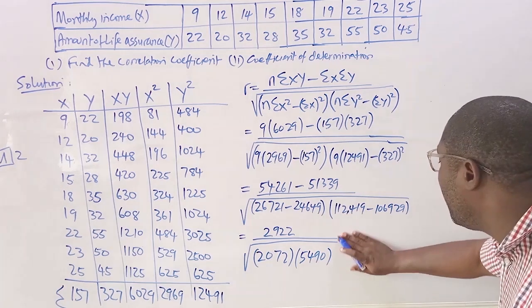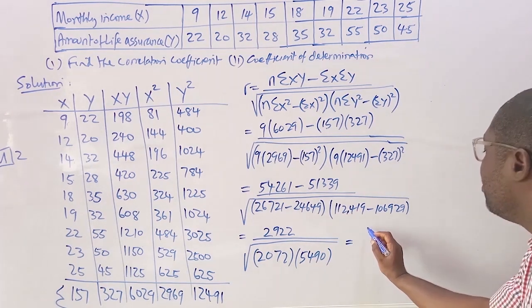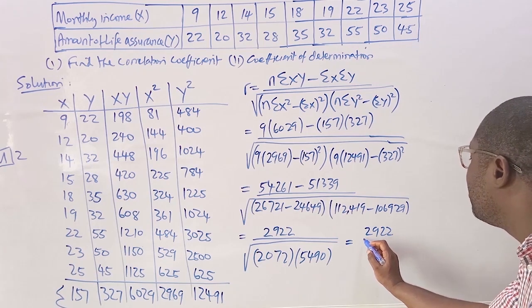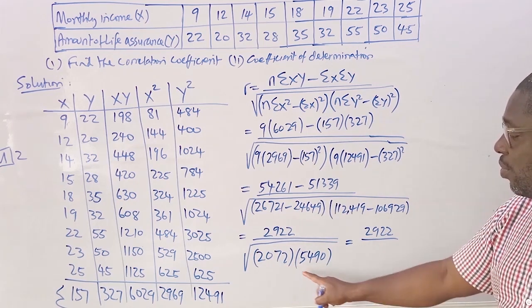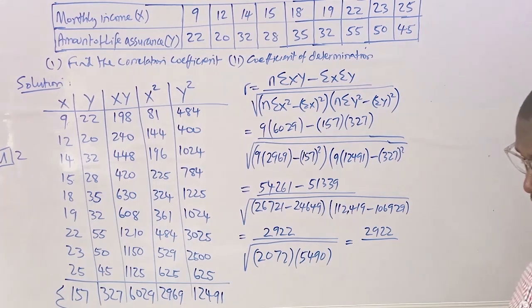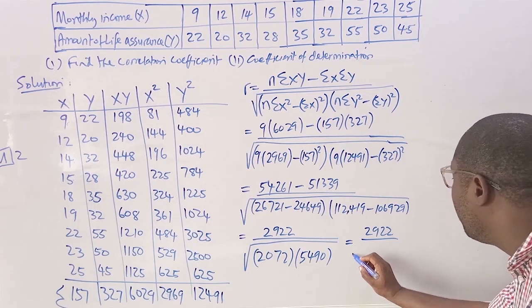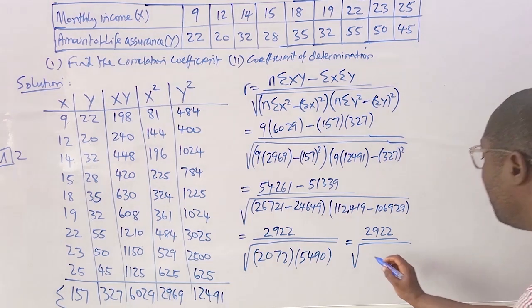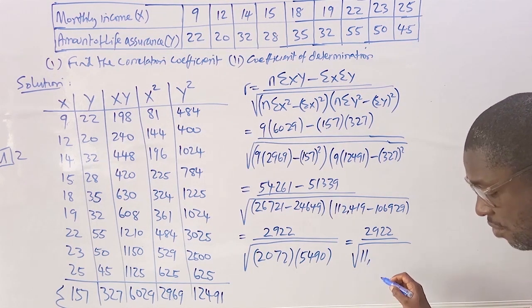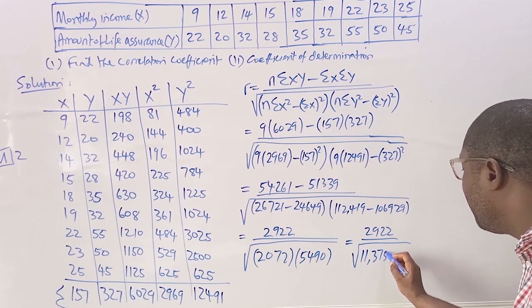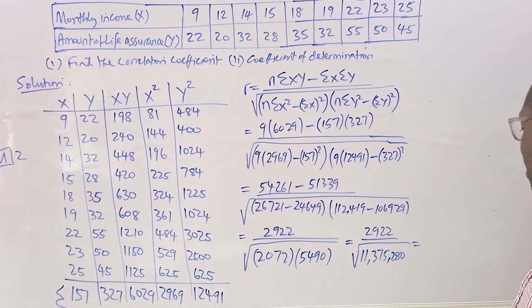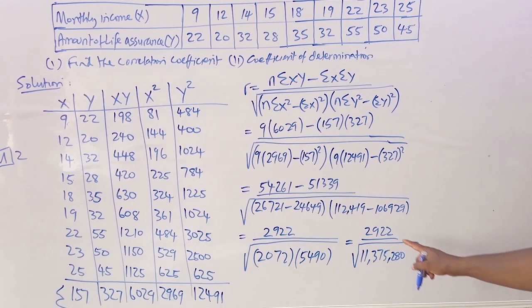We'll continue here by writing out 2922 divided by the product of this. The product of this will give us the square root of the long figure, which is about 11,375,280.